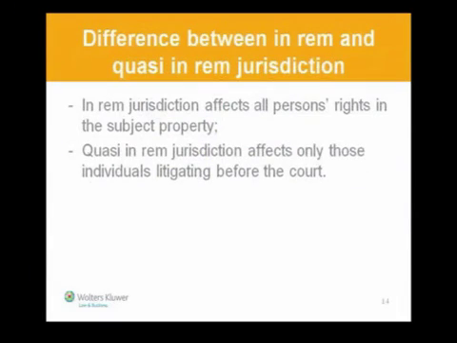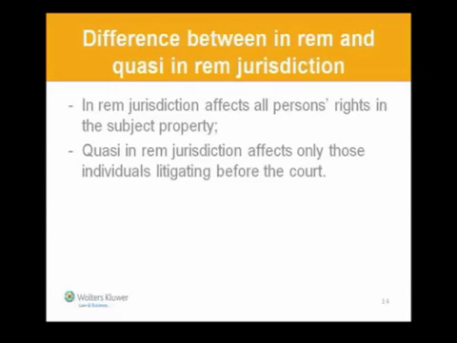The main difference between in rem and quasi-in rem jurisdiction is that in rem jurisdiction affects all persons' rights in a given piece of property, while quasi-in rem only affects those individuals litigating before the court. Thus, if a court is settling an estate by determining who owns a boat that is part of the estate, that will affect everyone's rights in the boat, whether or not they are subject to jurisdiction in the state.